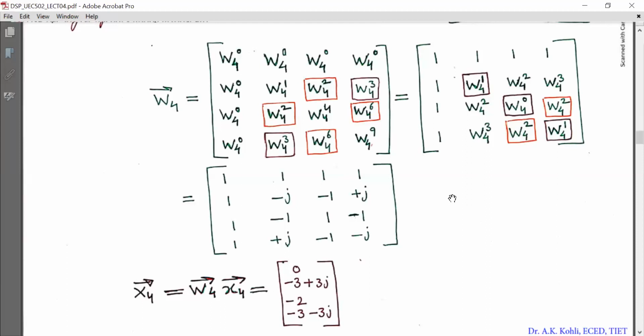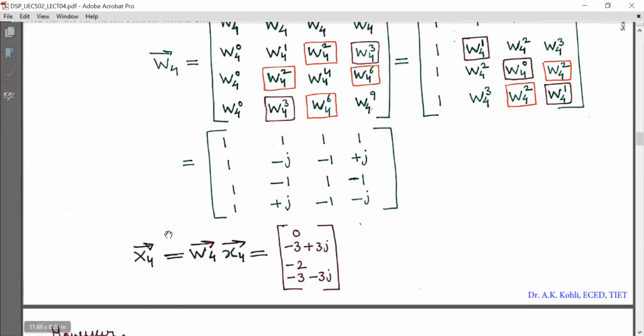So this helps us in reducing the computation complexity. Now on solution, I will find that here it is minus 1, here it is minus 1, here it is minus 1, and here it is minus 1. At 4 places, W raised to the power 2 gives minus 1. Similarly, other elements are calculated.